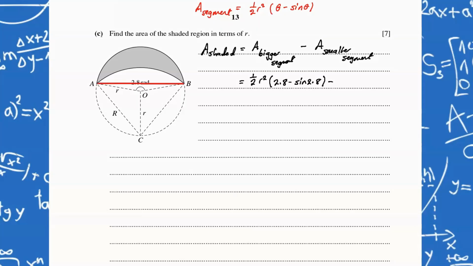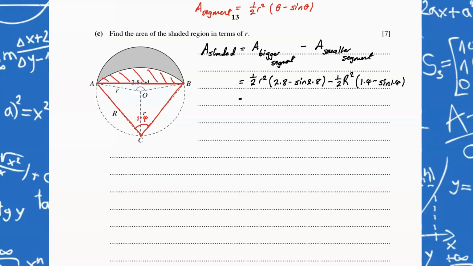The smaller segment is this segment here, and the center is C. Okay, and the angle here is half of 2.8, so it's 1.4. So to get the area of the segment, we'll use the same formula. Here the radius is capital R, so it's half r squared of theta, which is 1.4, minus sine of 1.4. So this is what we are working with.